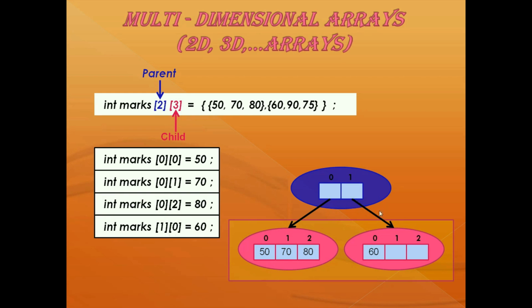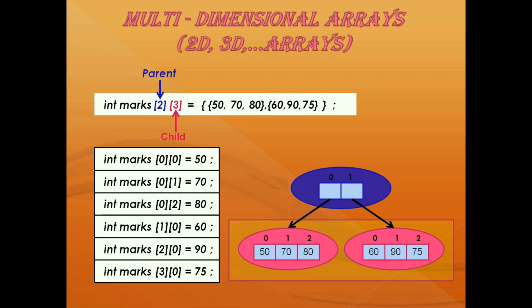Then marks of 1 of 1 is going to be 90. Marks of 1 of 2 is 75. That's the way you should navigate to fill the values into two-dimensional arrays. You need to start from the parent and start flowing down to the child indexes. So this is all about two-dimensional array.